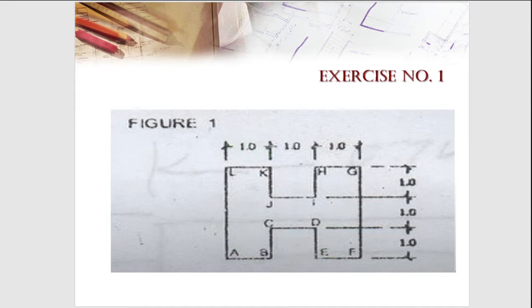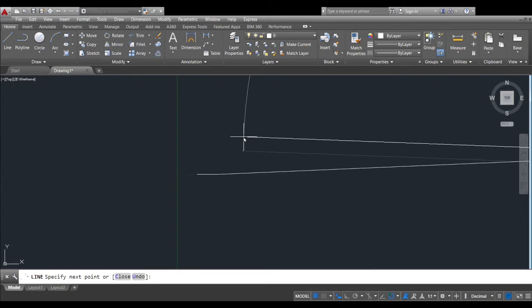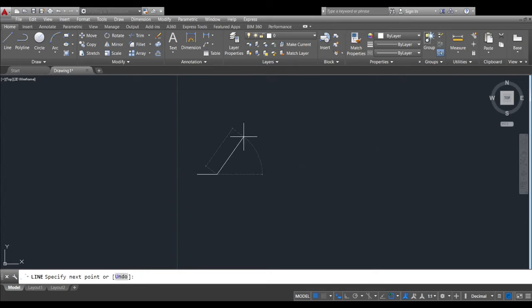So, don't forget the hashtag. Oh my gosh, I input the wrong one. So let's just undo it. Hashtag 2 comma 11.